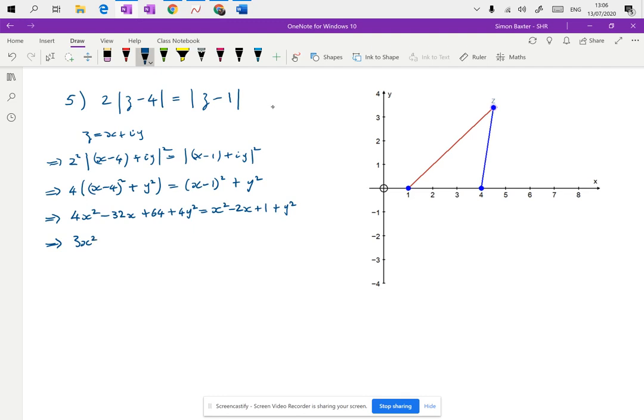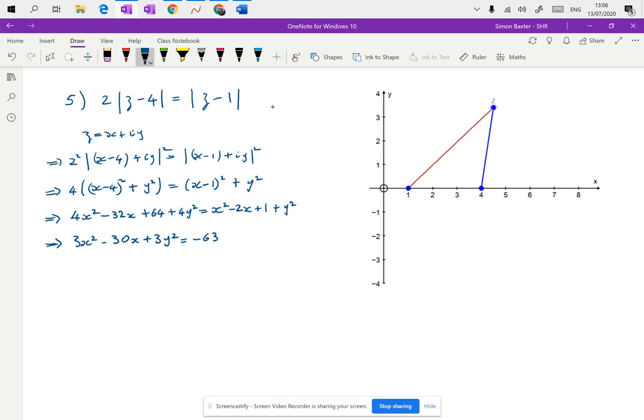Add 2x, minus 30x. I'm going to subtract the 64 from both sides. That's going to give me minus 63. And I'm going to subtract y². That gives me plus 3y². I've done it like that because it makes the next lines look nicer.